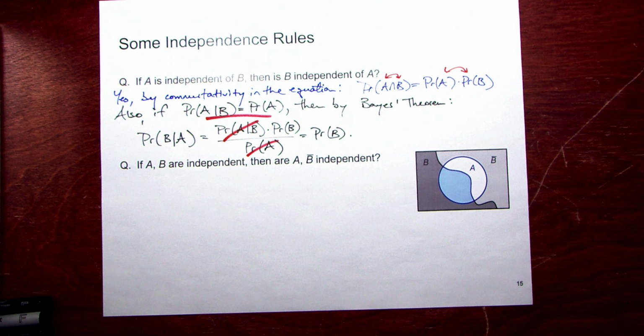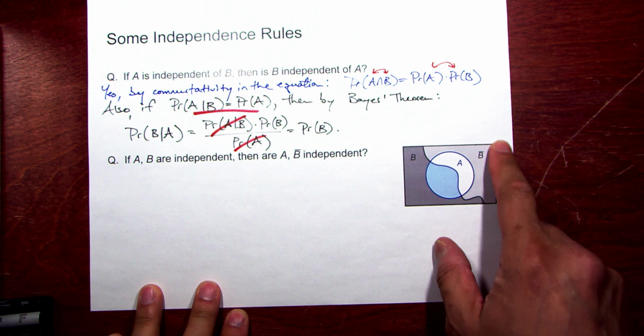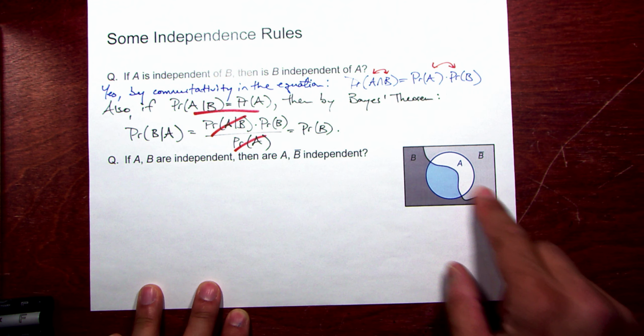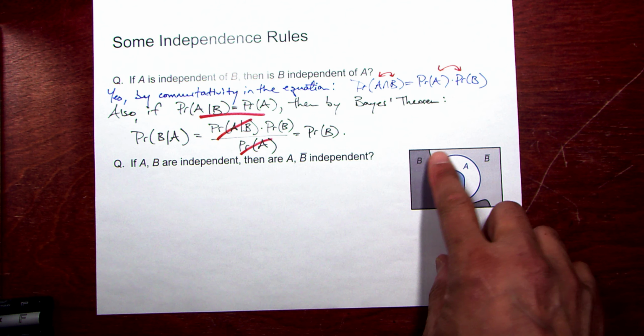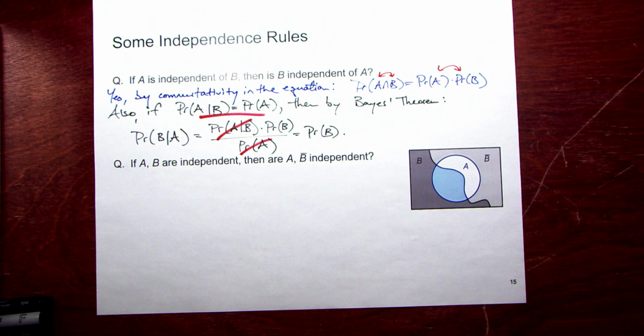Okay. Next part. If A and B are independent, then are A and B complement independent? Okay, so think about this. In terms of the Venn diagram, B complement is all the space that B didn't overlap, and it has a certain portion that A doesn't overlap as well.